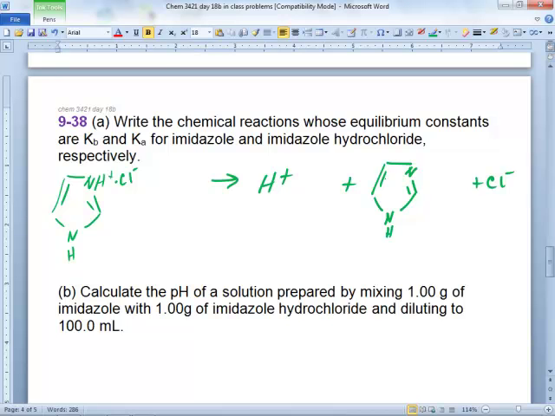Then you got to do the Kb reaction. So that would be this guy plus H2O makes this guy and OH minus, and you wouldn't have any chloride in there.